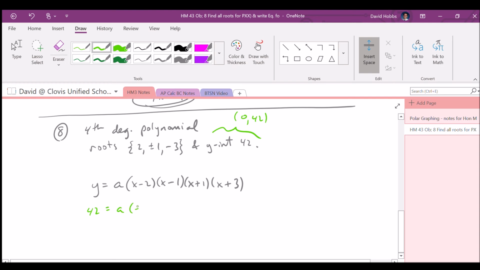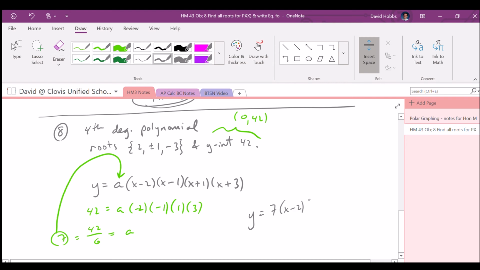So 0 minus 2, 0 minus 1, 0 plus 1, 0 plus 3, and solve for a. So this would be a is 42 over 6, which is 7. And that will be our final answer. y equals 7 times x minus 2 times x minus 1 times x plus 1 and x plus 3.